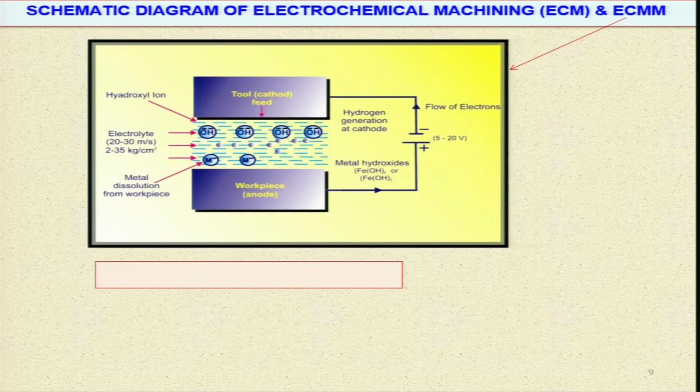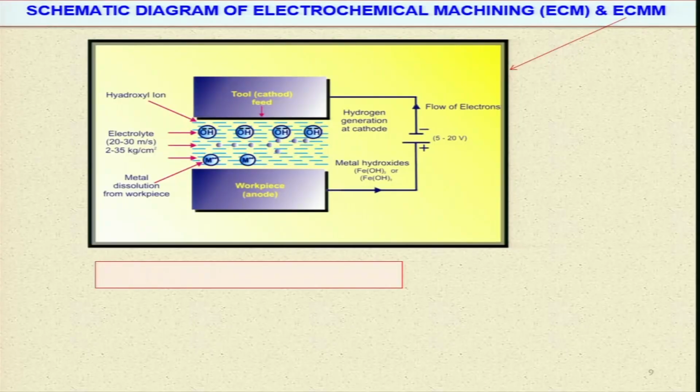Let us see the schematic diagram of ECM as well as ECMM. Here you can see this is the cathode tool, this is the workpiece anode, and this is the electrolyte. Different types of electrolytes are used while machining different types of materials. So, depending upon the type of electrolyte, chemical reactions may vary.